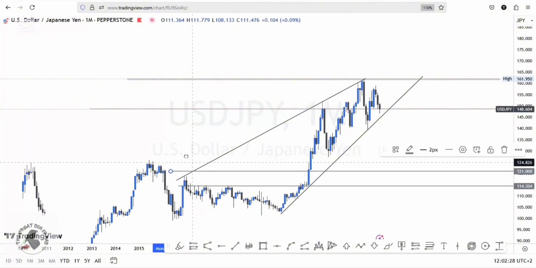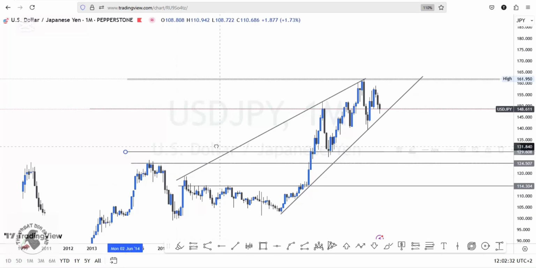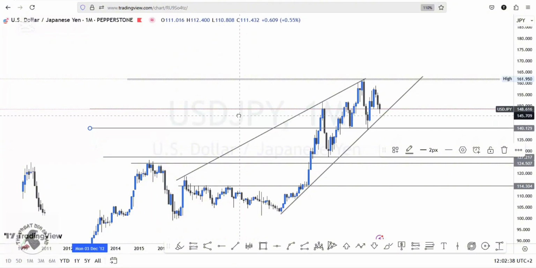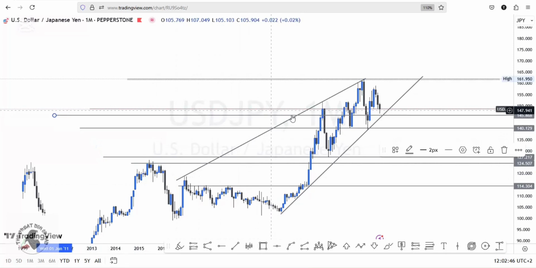Guys, this is how I analyze news when I trade news. Any event, just make sure you use this kind of strategy: correlation. This is basically pure prediction.